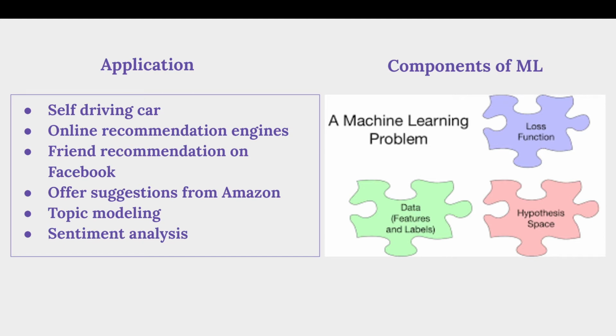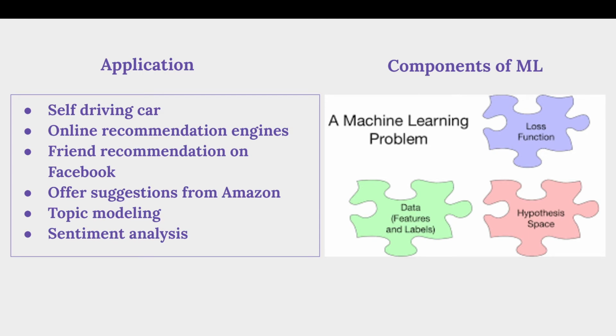What are the components of machine learning? Alex Jung divides machine learning into three big components: data, hypothesis or model, and loss function. Data can be structured or unstructured. Structured data could be in different forms: XML, JSON, or some kind of object.